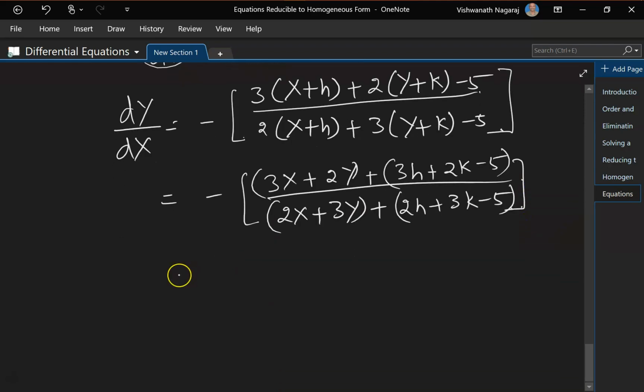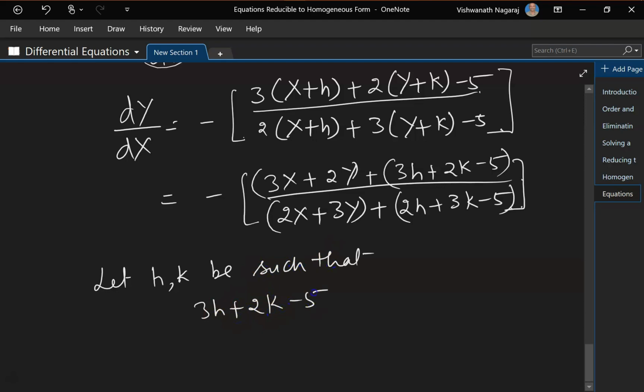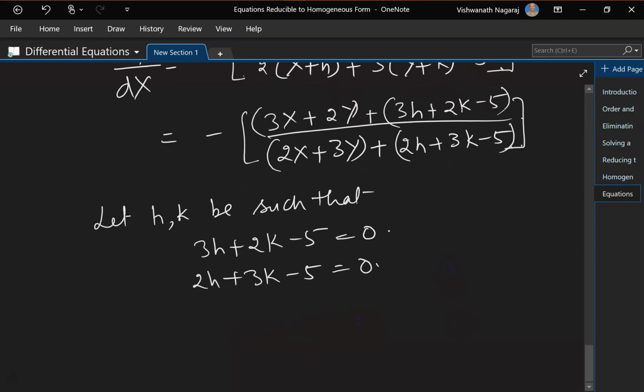And now what we do is we say let h and k be such that 3h plus 2k minus 5 is equal to 0, so that it disappears. Similarly 2h plus 3k minus 5 equal to 0, so that this also disappears.